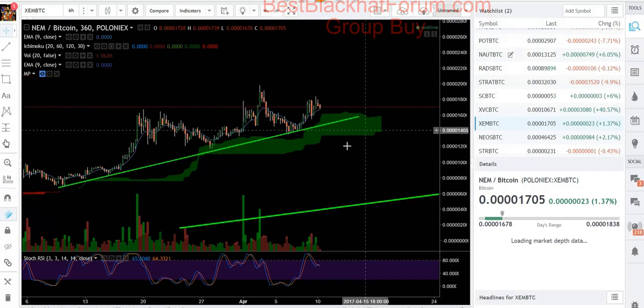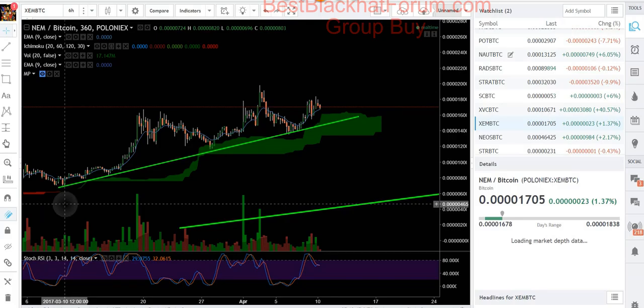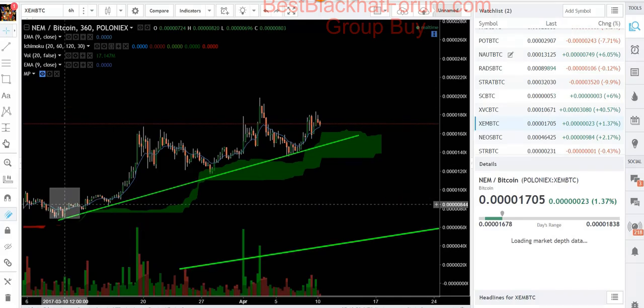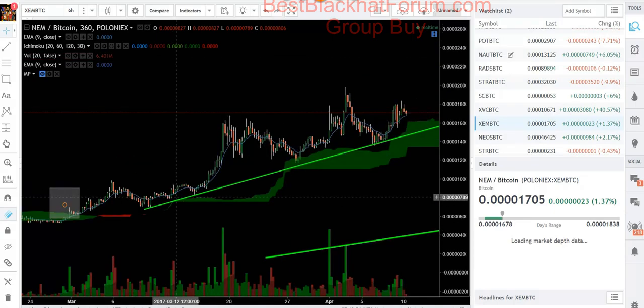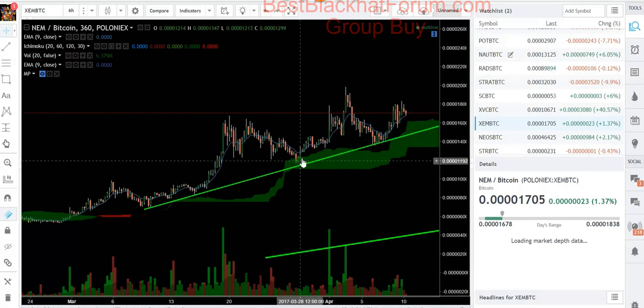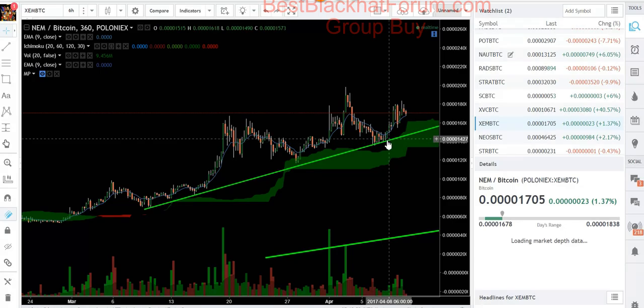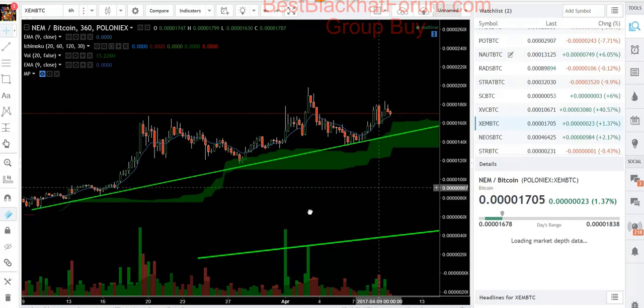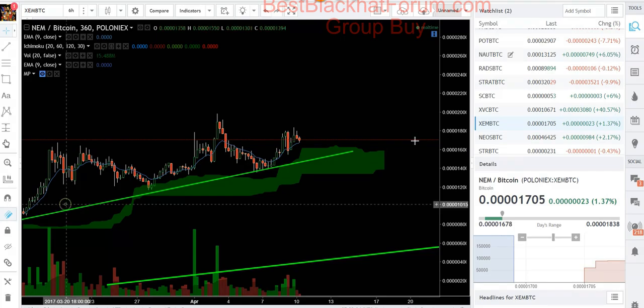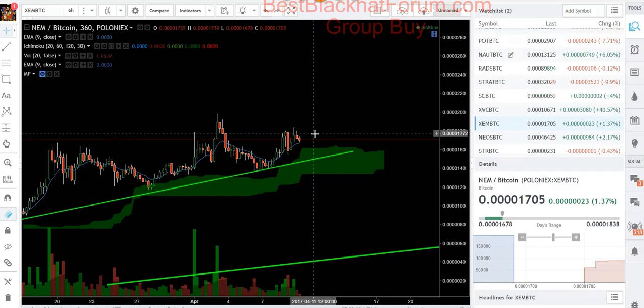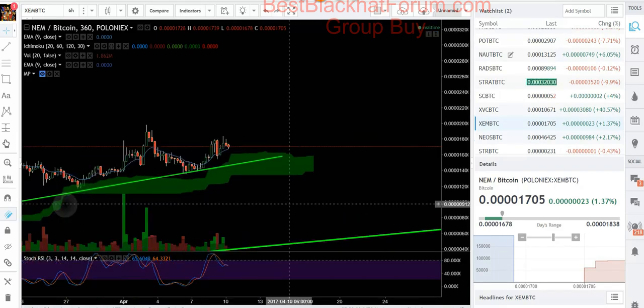Every single time it seems to bounce, we're riding a trend here, and then we get a nice bounce off of the cloud, and then a nice bounce off of our support trend. I wouldn't be surprised if this thing consolidates in this area, has trouble around the 1700 mark or so, and then falls back down to the cloud and bounces again.